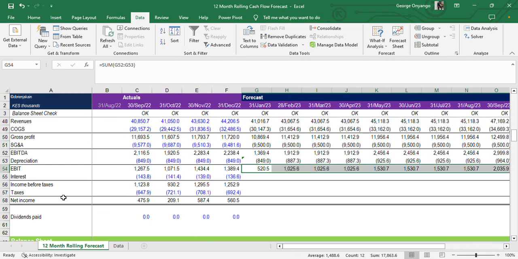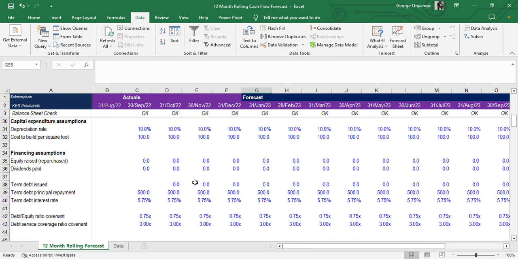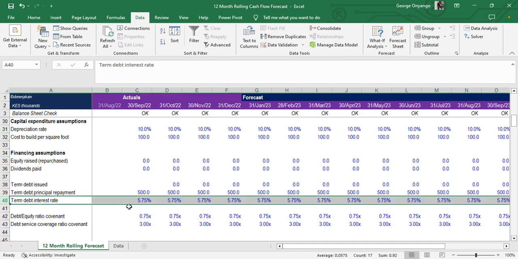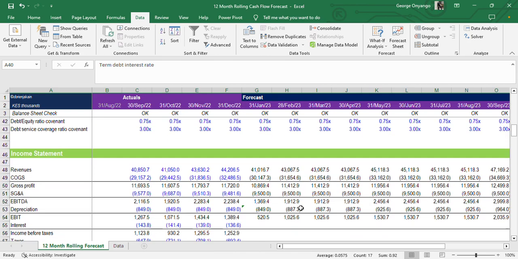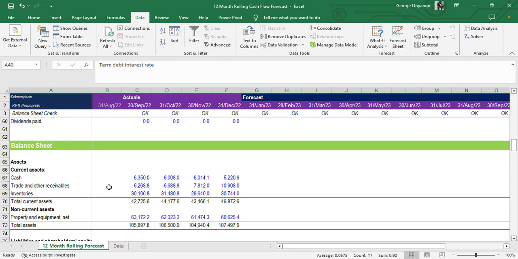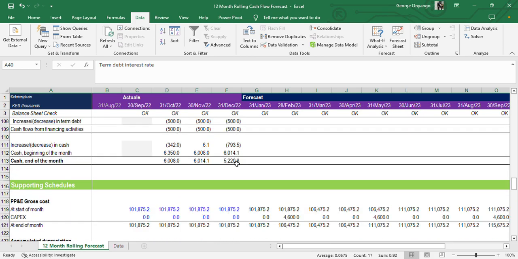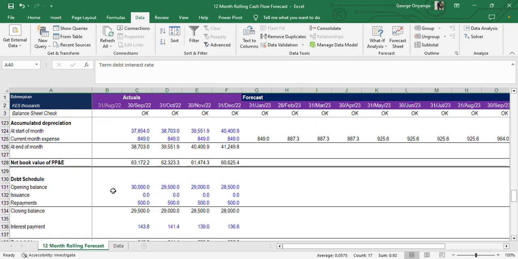Then we have now the interest. We are told from above here we have interest to be 5.75 per month, but we are not told of what. So we can get that information down here from the supporting schedules.